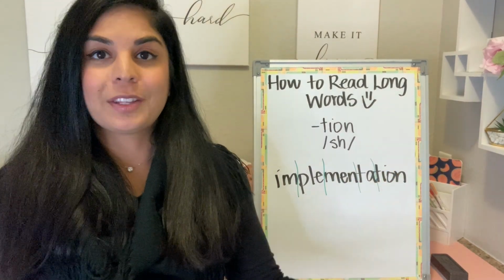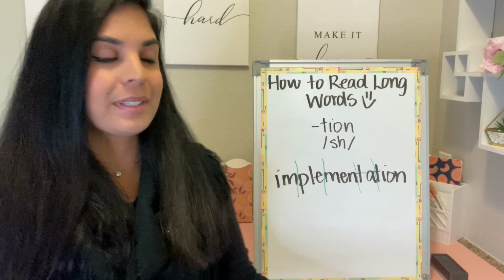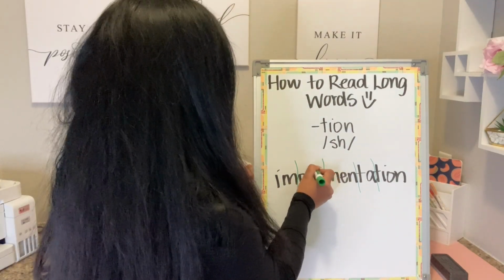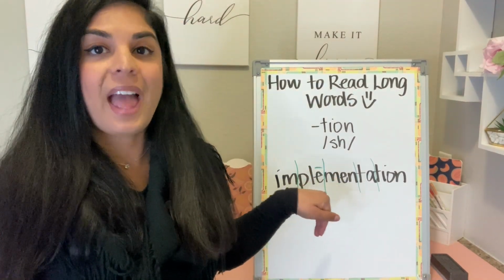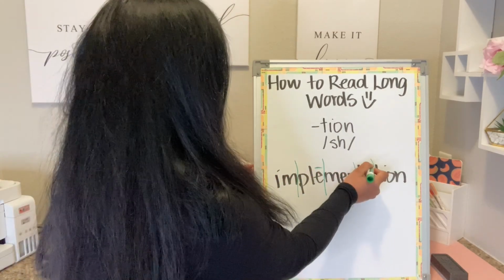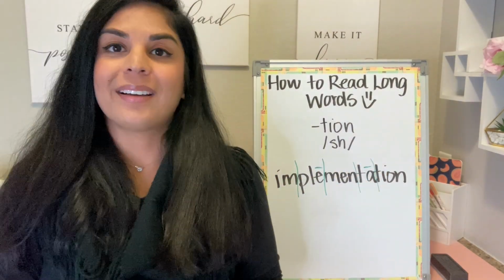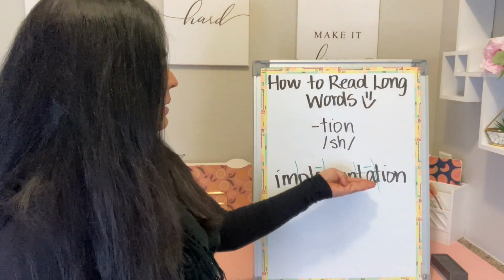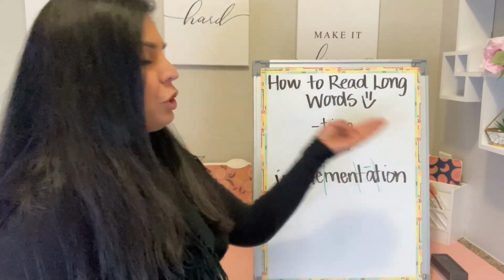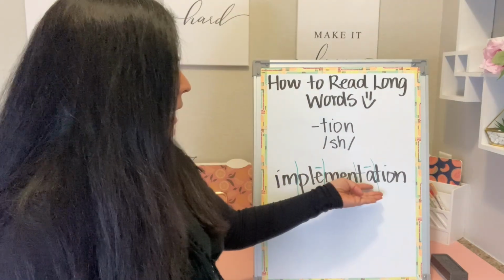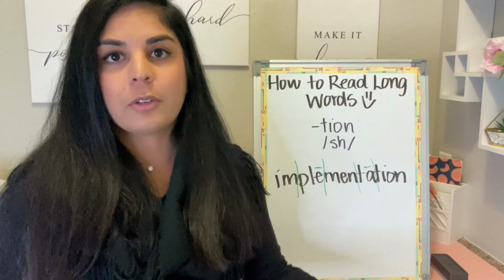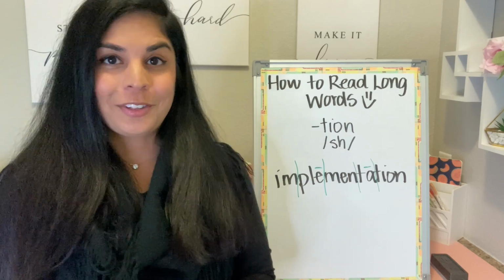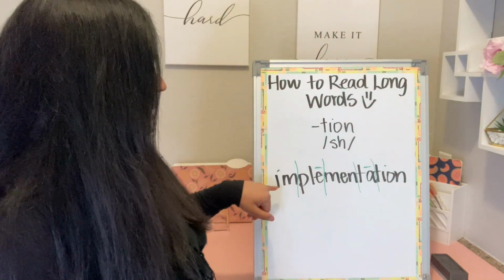Again, vowels will say their long sounds usually at the end of a syllable. So that means that this E is going to say E, not eh. And then this A is also going to say A, not ah. And I'm going to blend it. Here we go. Implementation. And when you say it quickly, this A sometimes has its lazy sound called a schwa, which we'll talk about in another video, but you will pronounce it implementation.